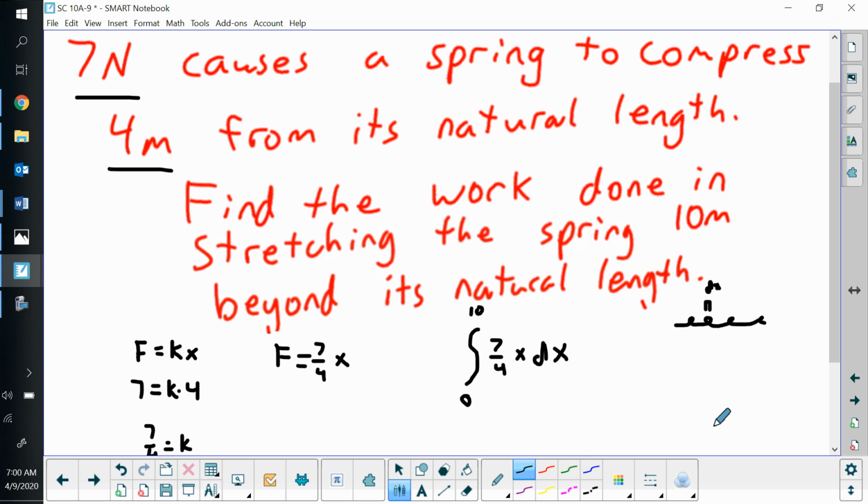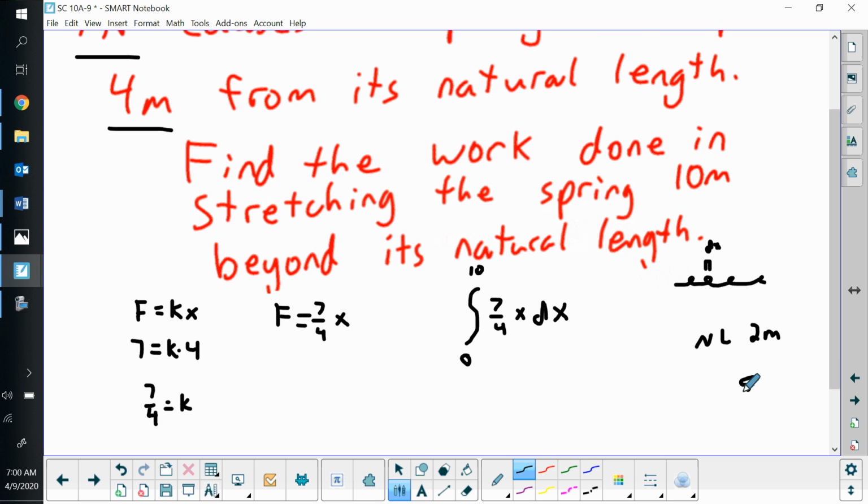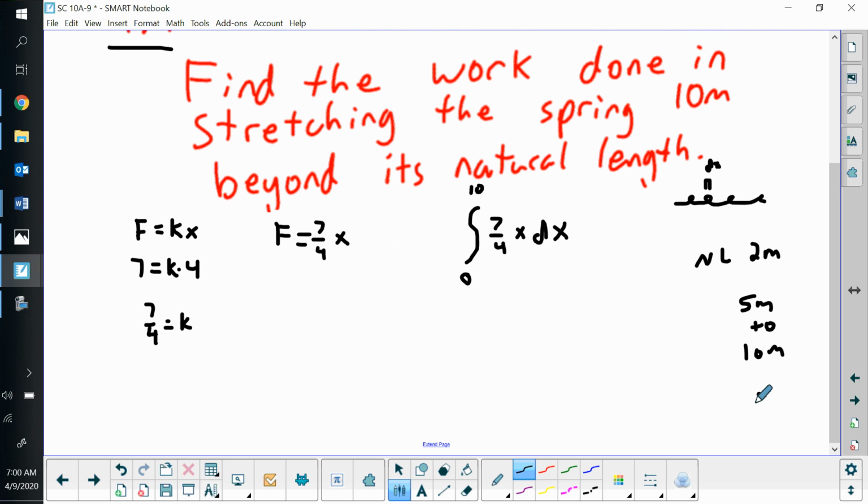Let's say they had told us our natural length was 2 meters, and we wanted to stretch it from 5 meters to 10 meters. Then on our integral, we would go from 3 to 8. If the natural length was 2 meters, 5 meters is 3 away from that, and 10 is 8 away from that.